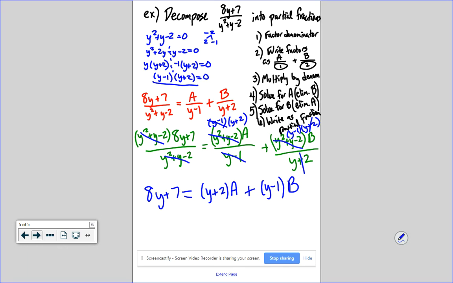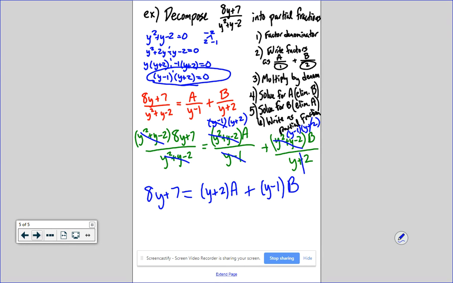Then you do the exact opposite here. So if it's helpful, write it in factored form every time. That's usually what I do. Once I show it to you once, I'm just going to write it in factored form, because that's the whole point of factoring it: when I go to multiply by the LCD, it makes it easier to simplify.